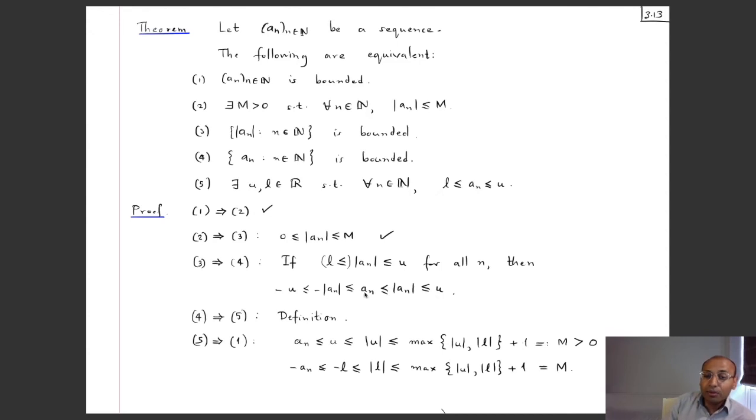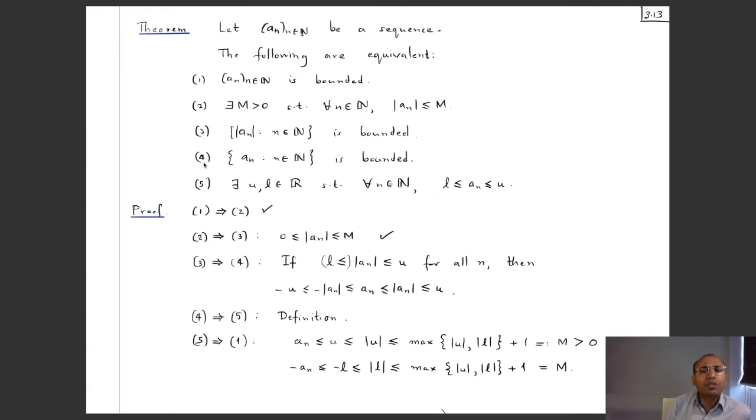And a_n is also bigger than or equal to minus mod a_n. Why is that so? Because this is the same as saying that minus a_n is less than or equal to mod a_n, which we had seen. Moreover, minus mod a_n is bigger than or equal to minus u because of this inequality. So what we have got is that a_n is less than or equal to u and bigger than or equal to minus u. So minus u serves as a lower bound, and so this set is bounded.